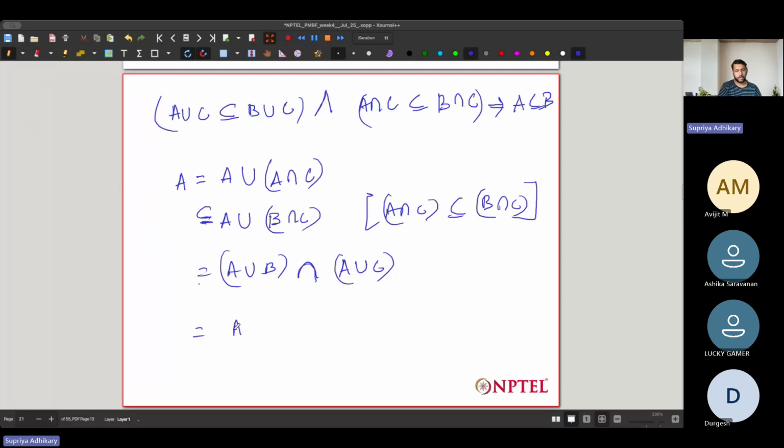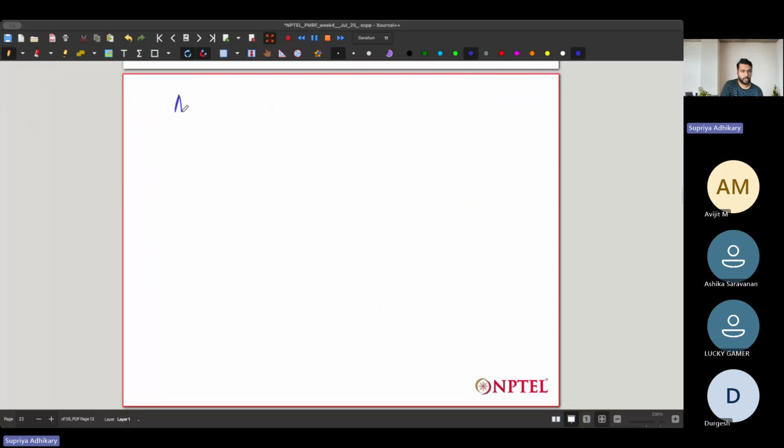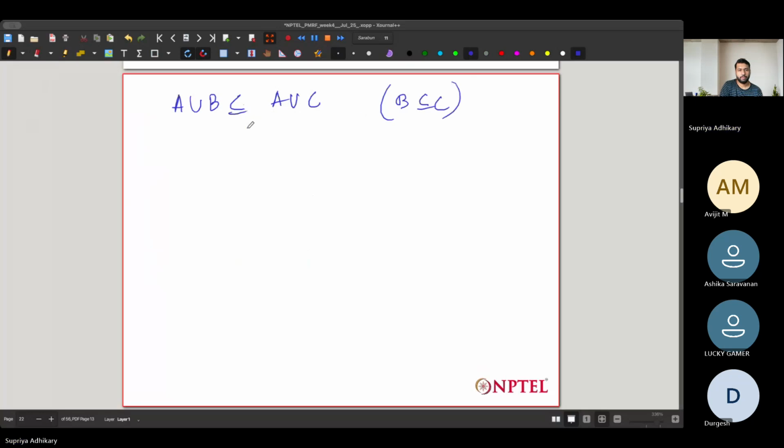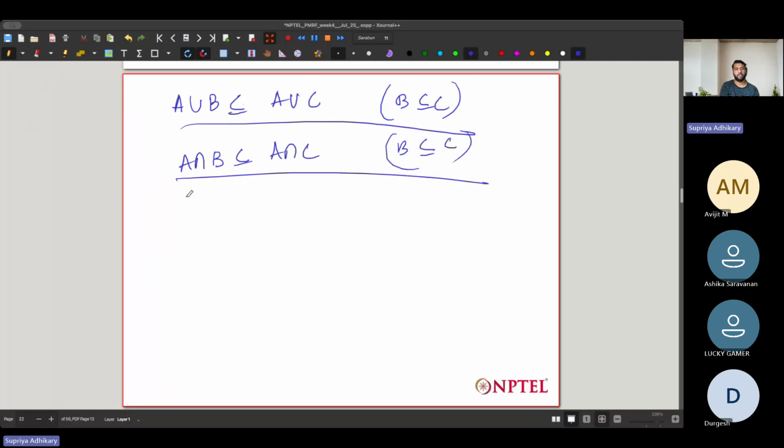So now this can be written as a subset of (A union B) intersection (B union C), because A union C is a subset of B union C. By the way, in order to do this, we must also know this property: if B is a subset of C, then A union B is a subset of A union C, and similarly A intersection B is a subset of A intersection C. This can be easily shown; you can check that.